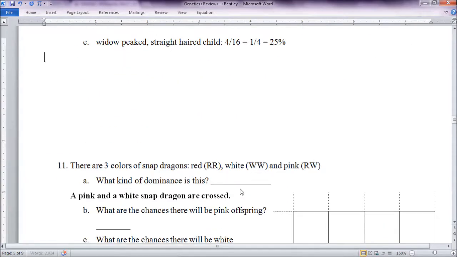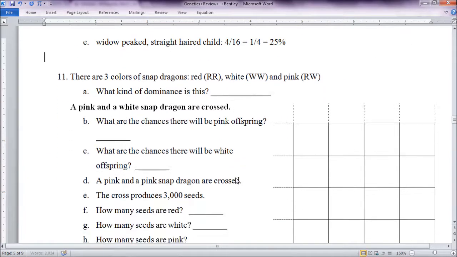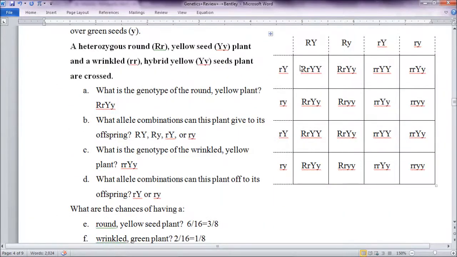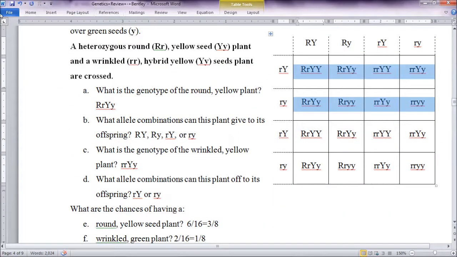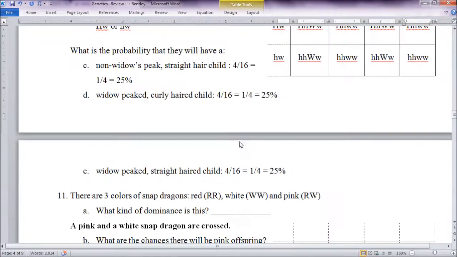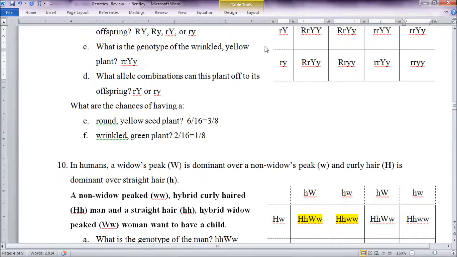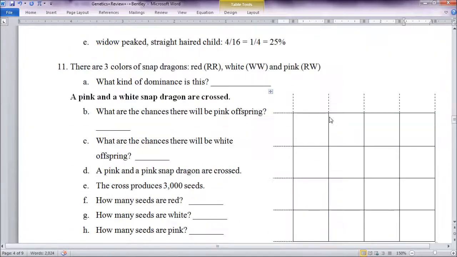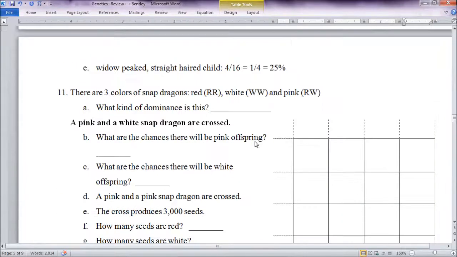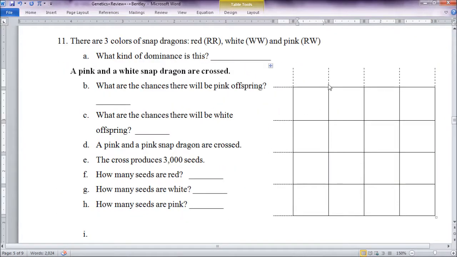Lovely. Another one. I just went and highlighted those so that you could see that that was still the repeating pattern again. Okay, so number 3. Oh, and thank goodness, then we're done with these dihybrids.